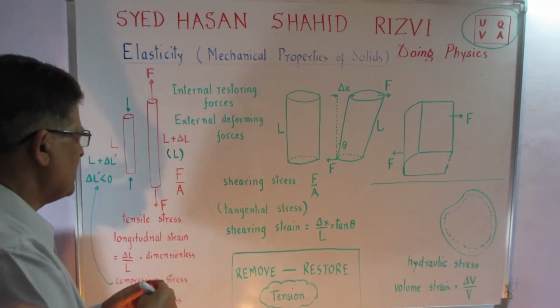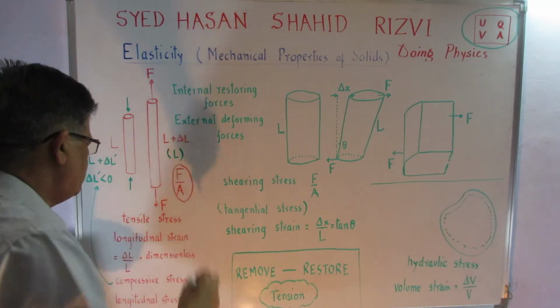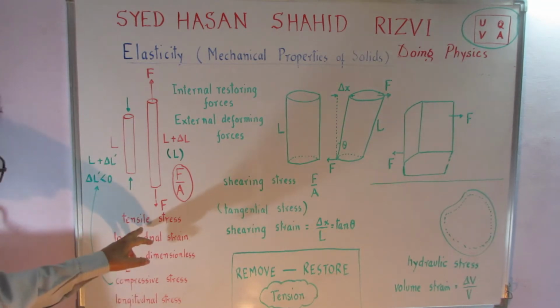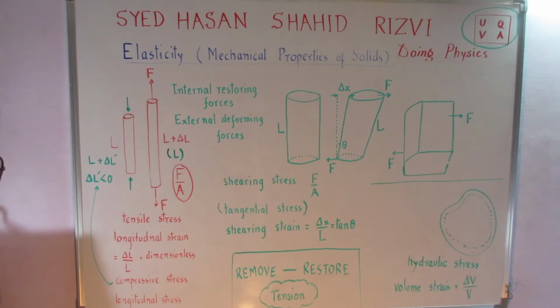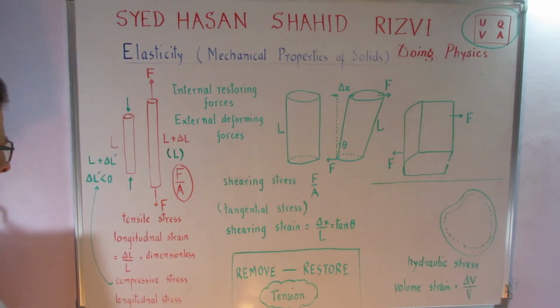So it is F upon A, that will be the stress, a stress which we call longitudinal stress, and in this case because the length is increasing, we often call it tensile stress. Okay, F upon A.